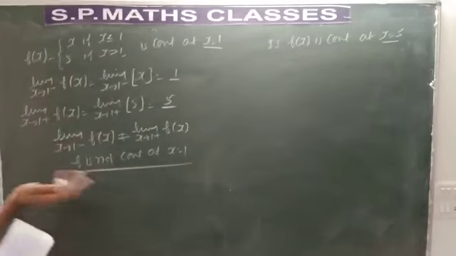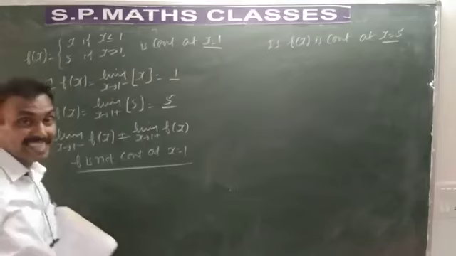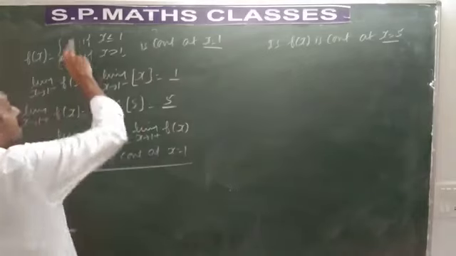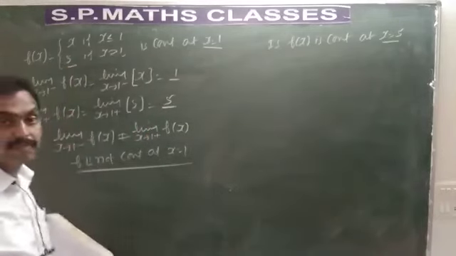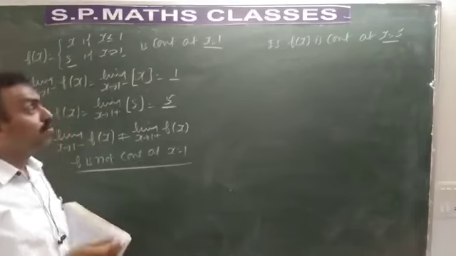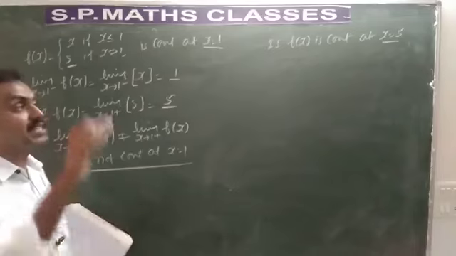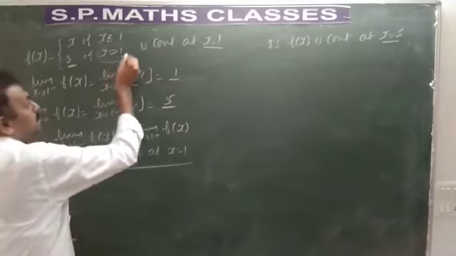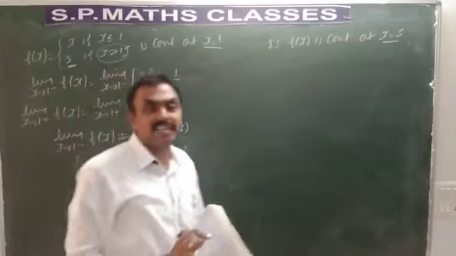You have to take 5 only, because it is x only when x is less than or equal to 1. Slightly less than 5 means it is 5 only. For the right hand limit, 5 plus, it is 5 only. And at x equal to 5, it is 5 only, because f of x is 5 for all values of x greater than 1.